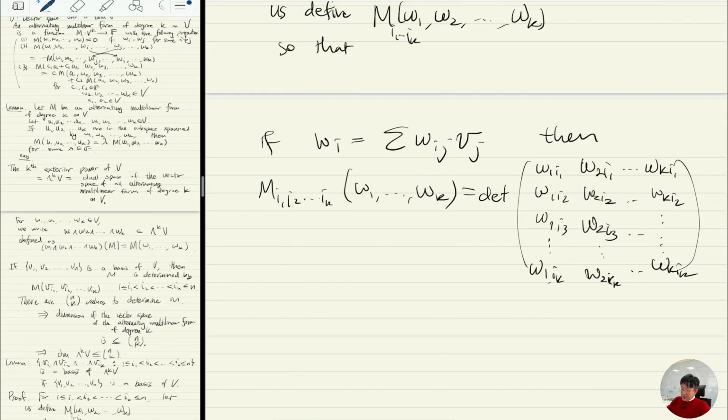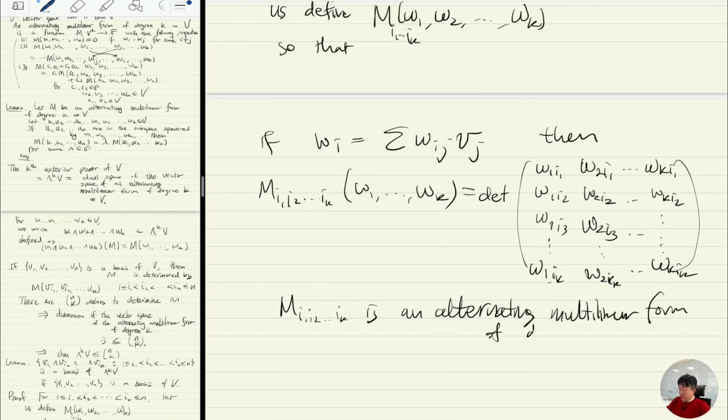Now it's easy to see that M_{i1,i2,...,ik} is an alternating multilinear form of degree k. Why is it alternating?